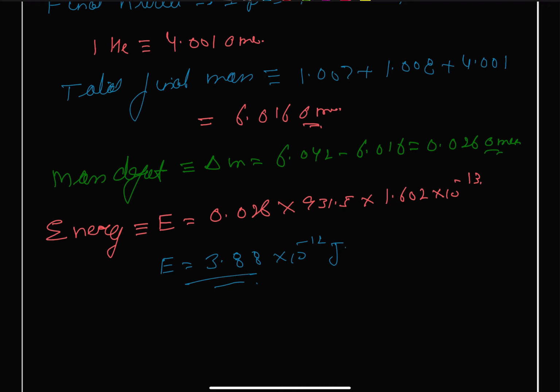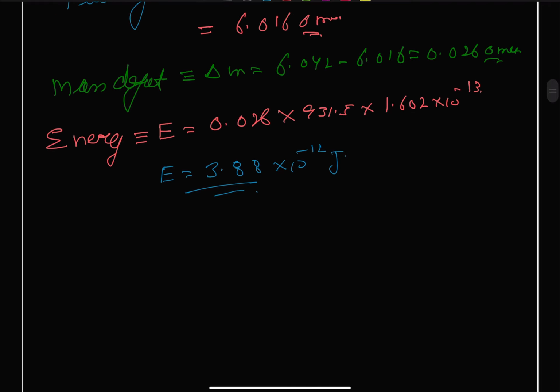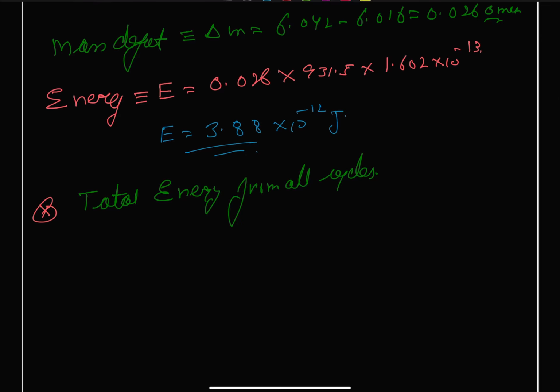The number of cycles we have already calculated, so we are going to find out the energy for all the cycles. So the total energy from all cycles, let us call this E total, will be equal to the number of cycles multiplied by the energy per cycle. Let me write it here, energy per cycle.